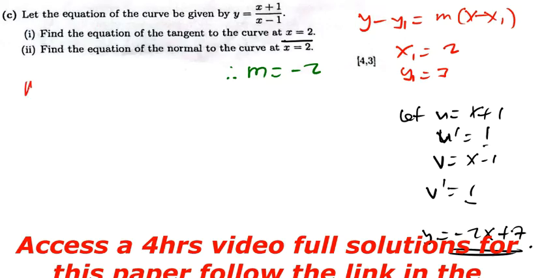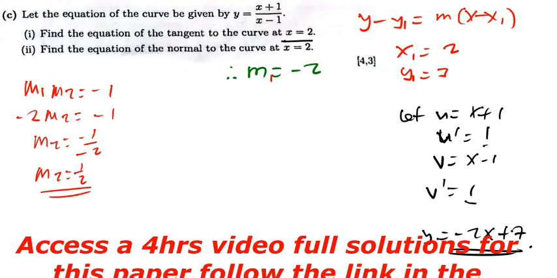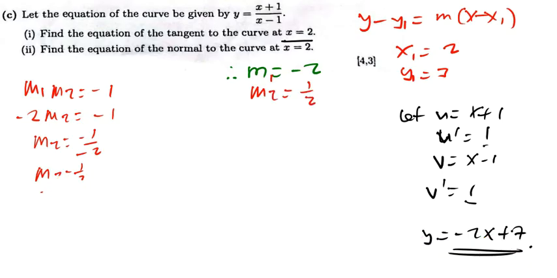So you say m1, this is m1 initially, times m2 is equal to negative 1. So you plug in the values, negative 2 times m2 equals negative 1. Divide both sides by negative 2 and m2 will be equal to negative 1 over negative 2. m2 will be now 1 over 2. So the gradient which we're going to use, which is the gradient of the normal, is now 1 over 2.